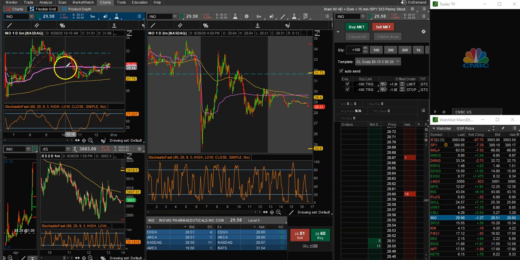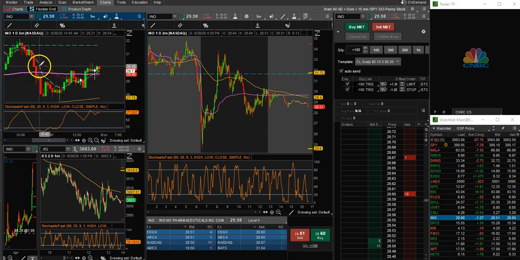The purple line is the VWAP for the 5 minute, 200 EMA for the 5 minute, and then these two lines right here, the white line is the 8 period EMA and the red one is the 20 period EMA. So I use that to gauge where the stock is, what's happening, support, resistance. Maybe if there's a ton of confluence like there is here, maybe I'll look to get long at that level for a bounce.